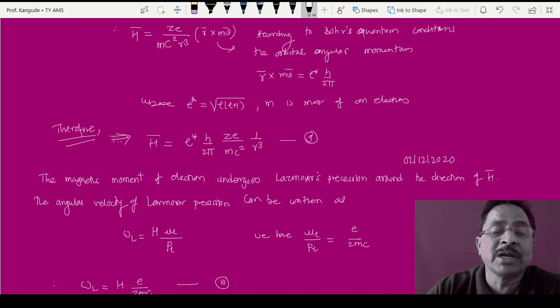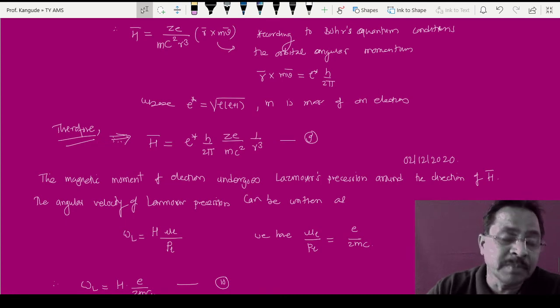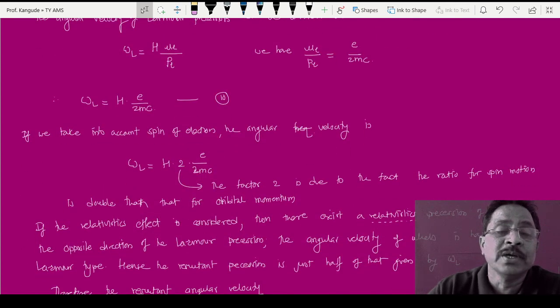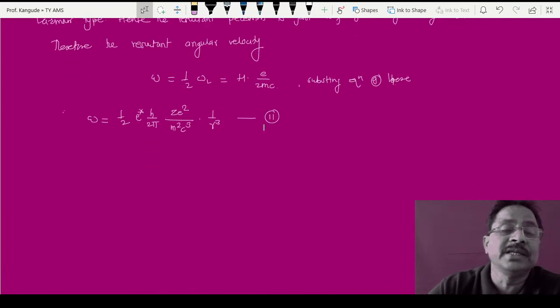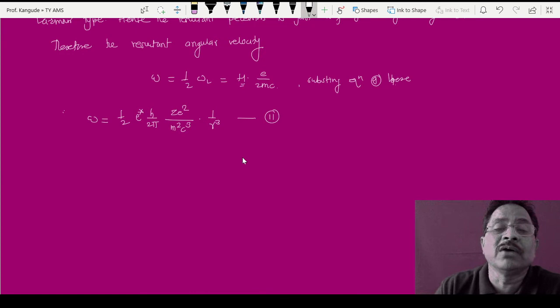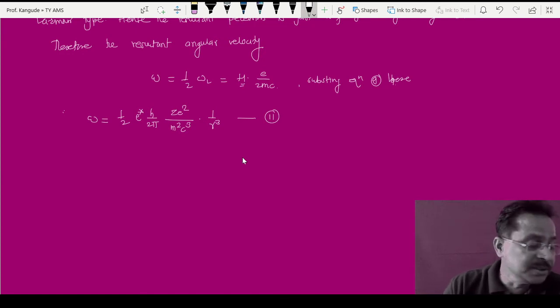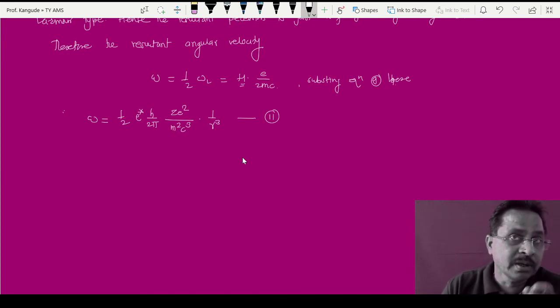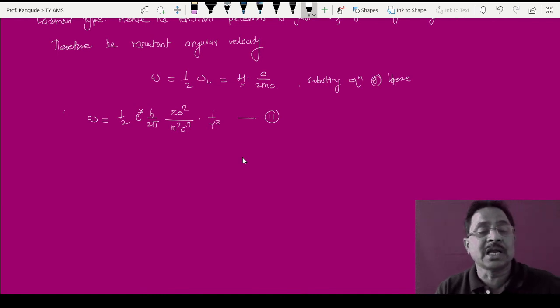Now this is multiplied by E upon twice MC. So here this ZE square upon M square, and one of the C gets connected here, so it becomes C cube. So replacing equation number 9 for that H in the above equation, I get this equation for the angular velocity of this Larmor precession.